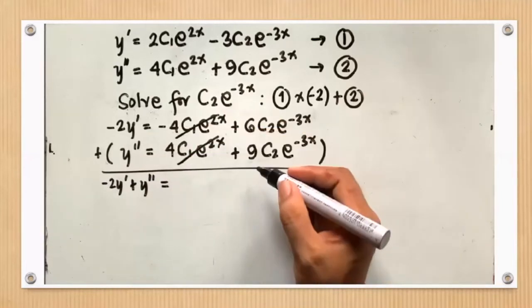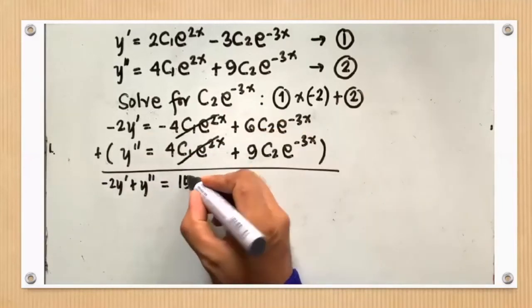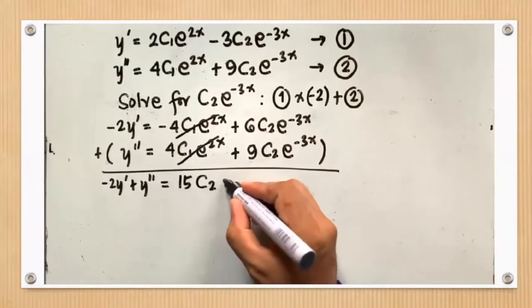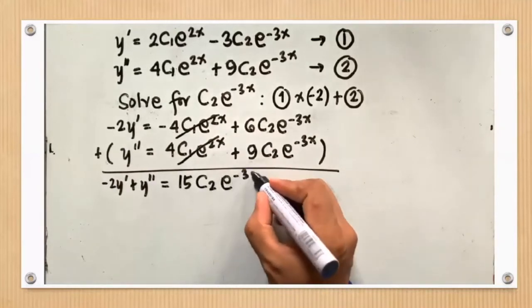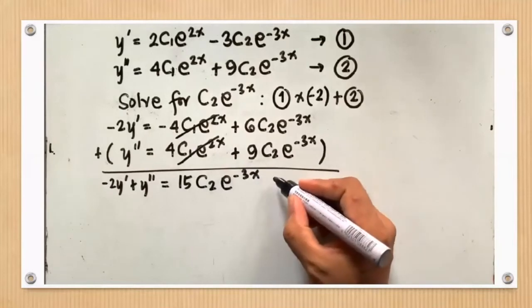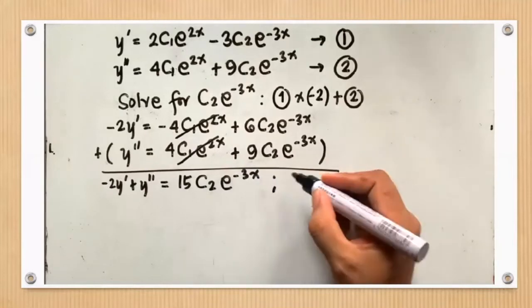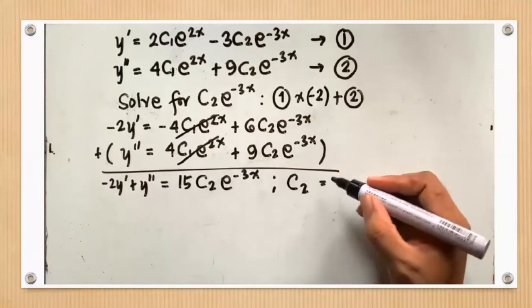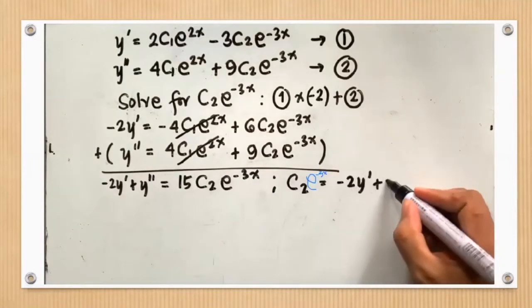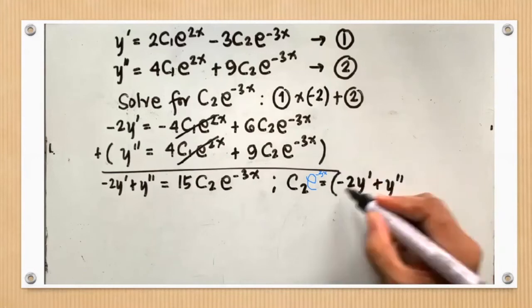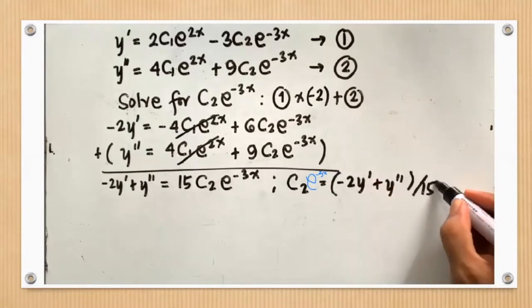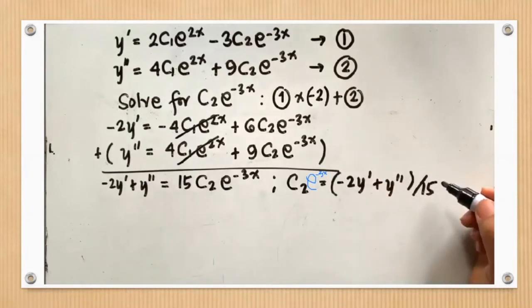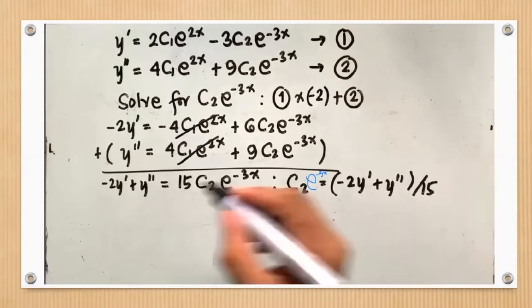And then 6 plus 9, you have 15 c sub 2 e raised to minus 3x. So solving for c sub 2 e raised to minus 3x, we divide both sides by 15. So you have minus 2y prime plus y double prime all over 15. Now we have c sub 2 e raised to minus 3x.